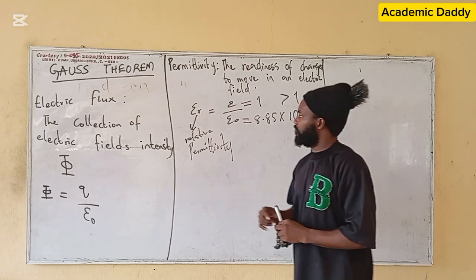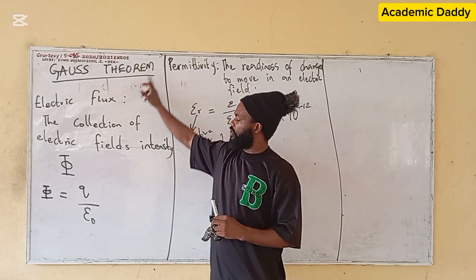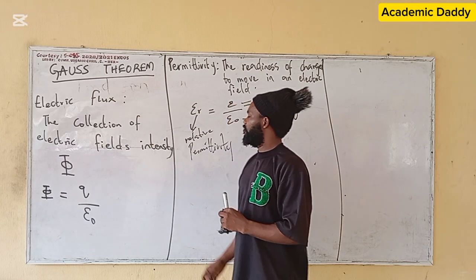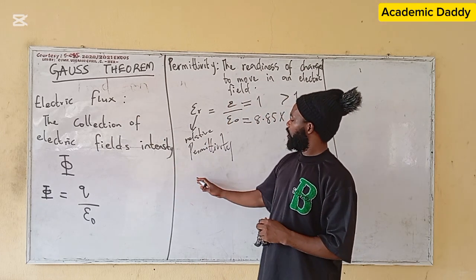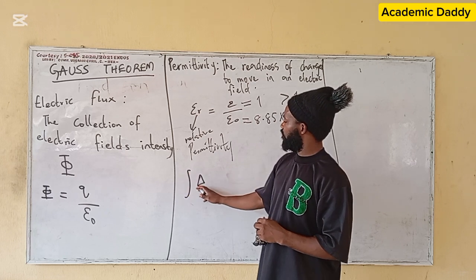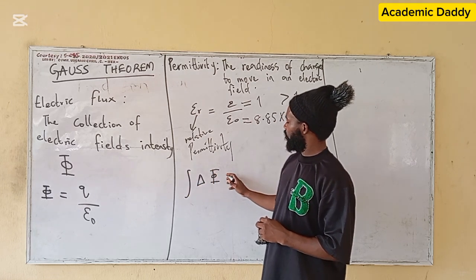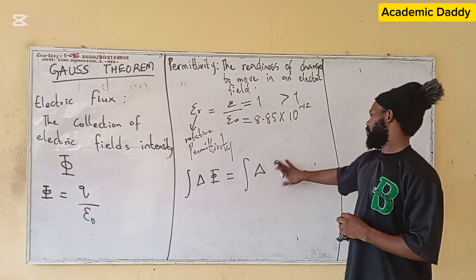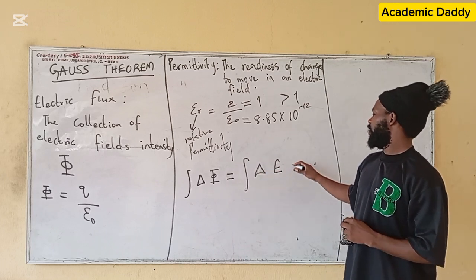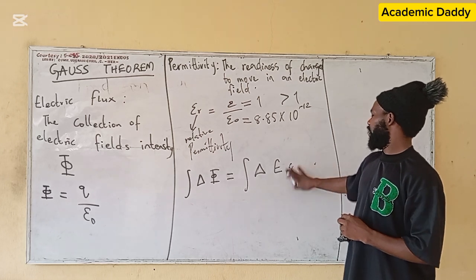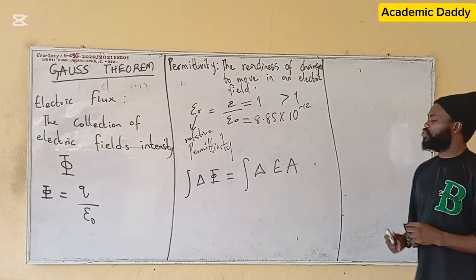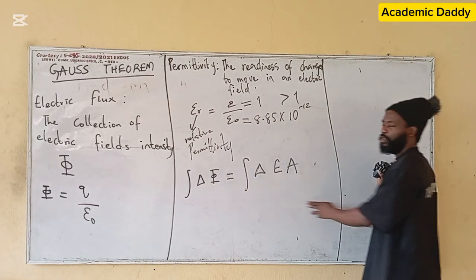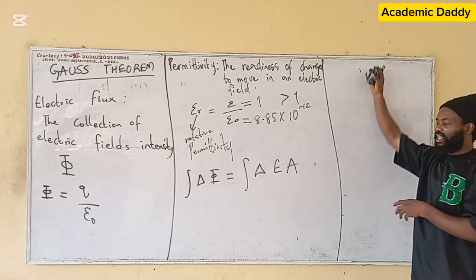This Gauss theorem is simply saying that this electric flux is equal to charge per permittivity of free space, or the integral of the change in electric flux equals the integral of electric field intensity times change in area. You see something like this, shouldn't you? This is the reason why I said let me start with this, because it's Rita that met me one time and said, "Sir, what is this?"